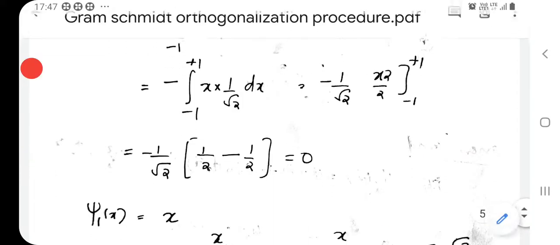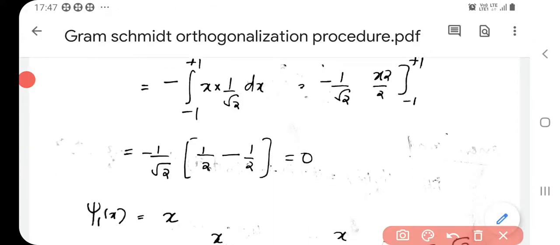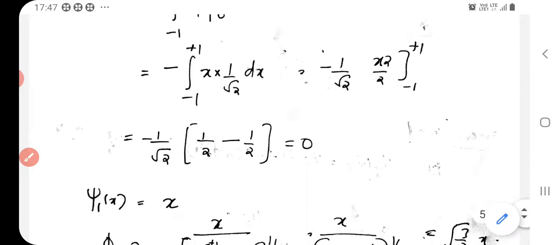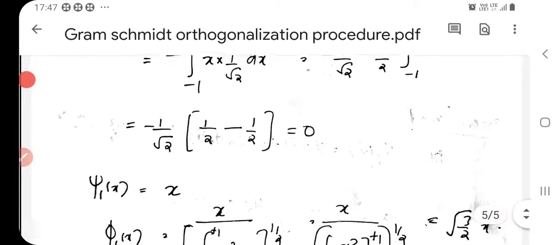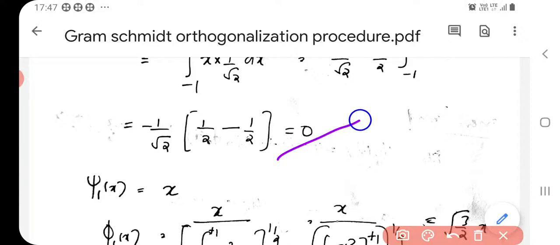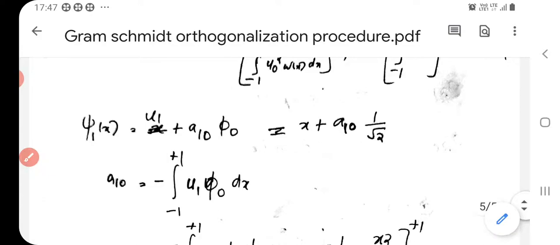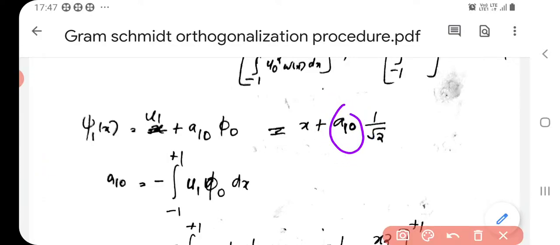As we apply the limits, a10 we are getting as equal to 0. So as we substitute here, this a10 is 0. So psi 1 of x is x.